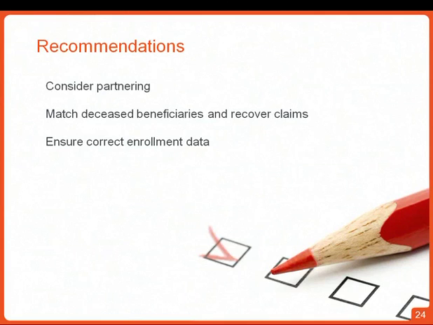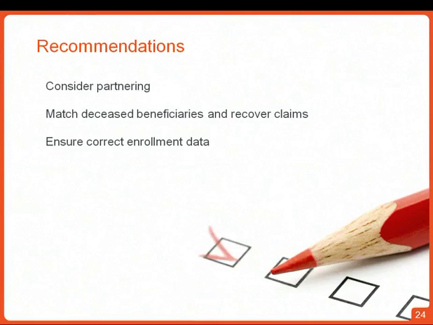It's wise for plans to consider partnering with state agencies to locate the source of duplicate payments, identify and recover incorrect payments, and come up with a plan to prevent future payment overlaps. The best approach for plans is to regularly meet with states to understand and review any findings in these areas.